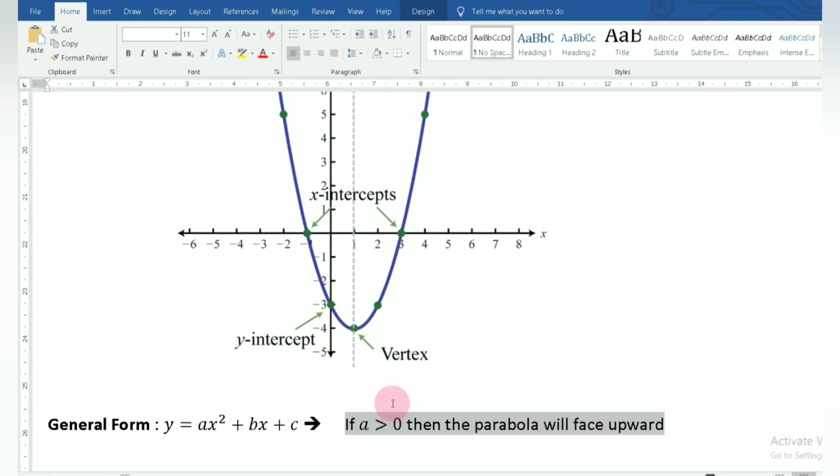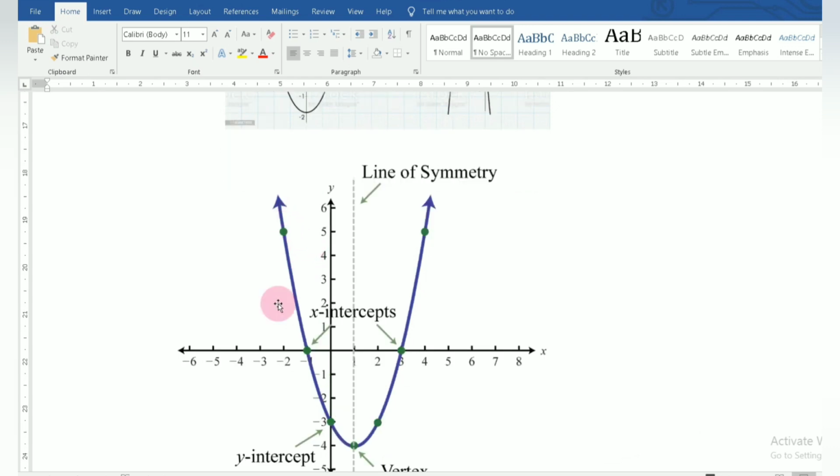So this is what we can get from this general form. First, if a, the coefficient of x squared, is larger than 0, which is positive, then the parabola will face upward. For example, this one is facing upward, so the value of a must be positive.